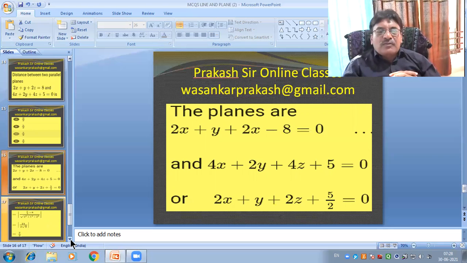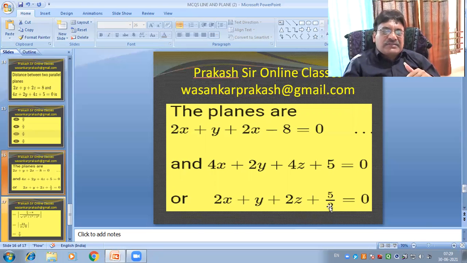I know the formula for finding the distance between parallel planes, which is equal to mod c2 minus c1 upon under root a square plus b square plus c square. That is, the difference between the constant terms upon under root coefficient of x square plus coefficient of y square plus coefficient of z square.